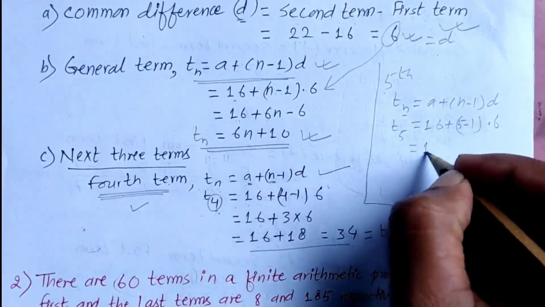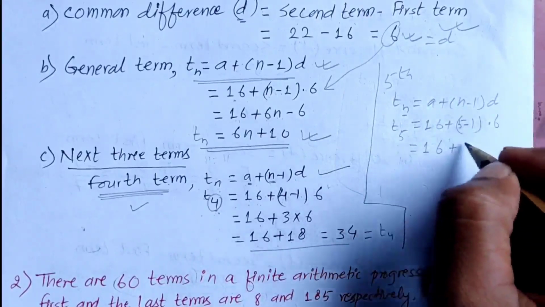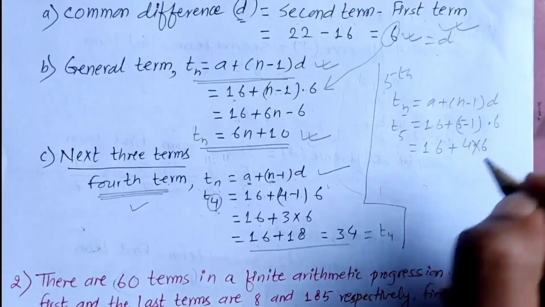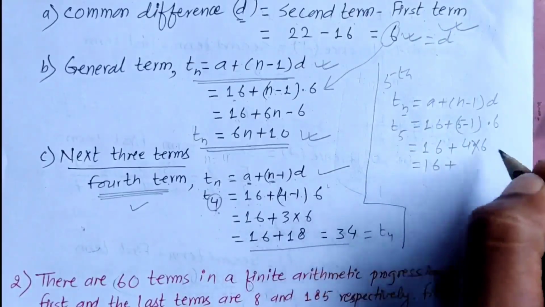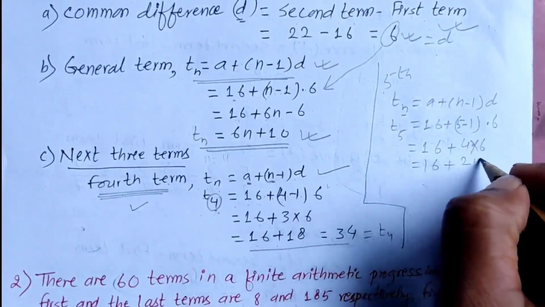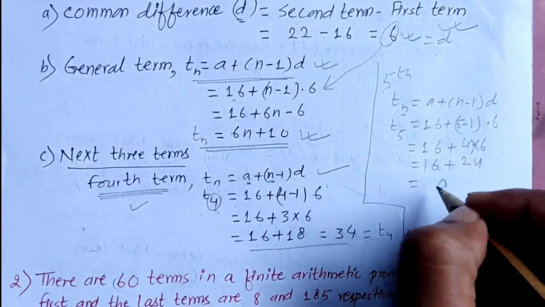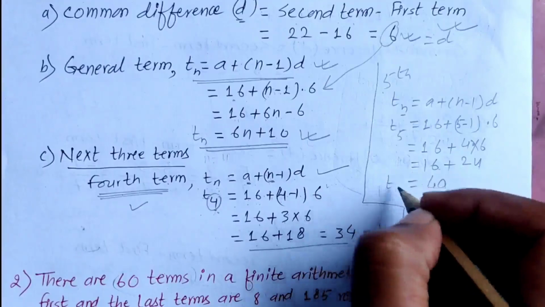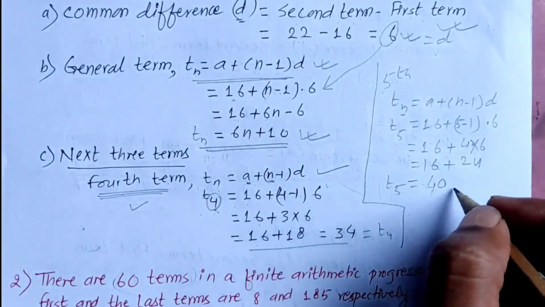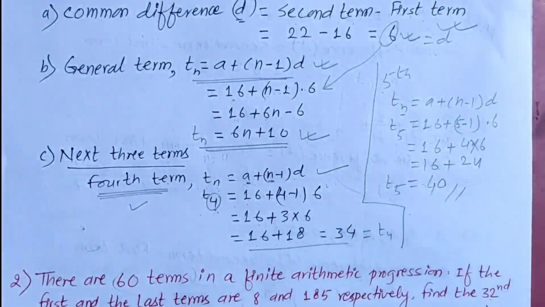So 16 plus 5 minus 1 is 4 times 6. So 16 plus 6 fours are 24, which is 40. That is, the fifth term is 40. Like this, you can find another term also.